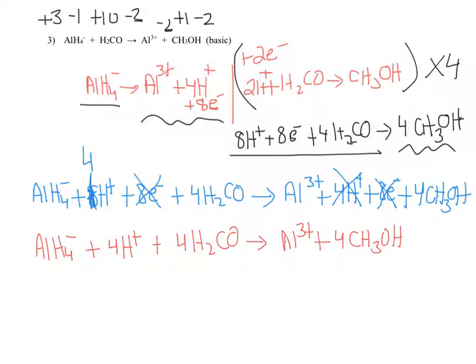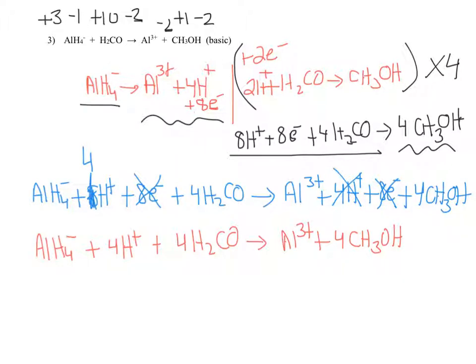All right, finally we get to use step 8. Step 8 says if basic, and it is basic, you add an OH minus to both sides for each H plus. So we have some H pluses there. You can't have extra H pluses in a basic solution because H pluses means it's an acid, right? If you had an acid and a base, they react together.